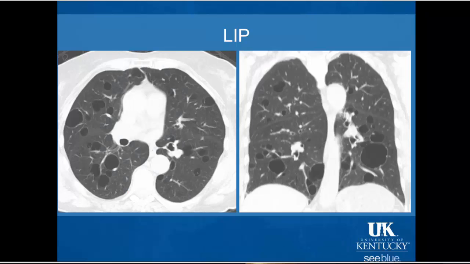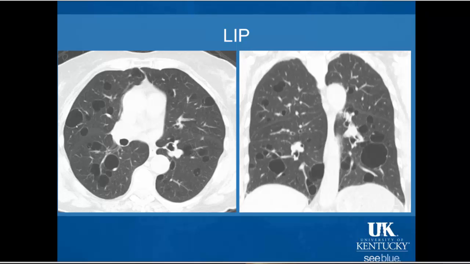But if we look in the craniocaudal plane, there is a slight lower lung predominance here. And additionally, some of these have a relation to the adjacent pulmonary arteries that run next to them, and that's that so-called pulmonary perivascular distribution to these cysts.